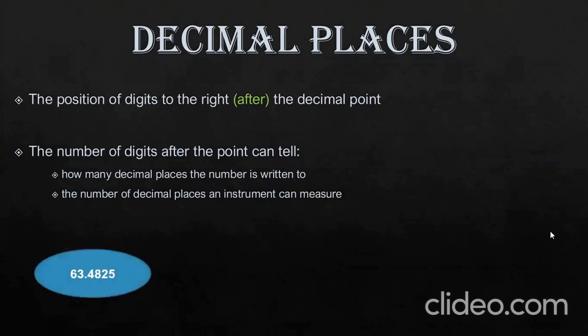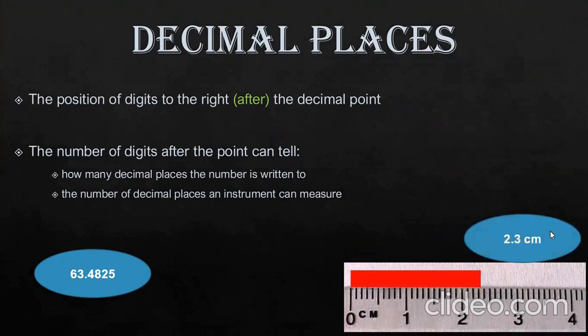For example, if we take 63.4825, we notice that this number is written to 4 decimal places. And if we look at this real life situation of measuring the length of this red bar on a ruler, measuring 2.3 centimeters, this measurement tells us that it is written to 1 decimal place, and so the instrument can only measure up to 1 decimal place.